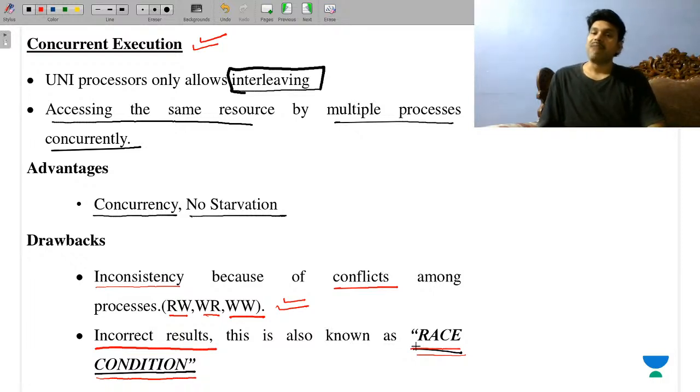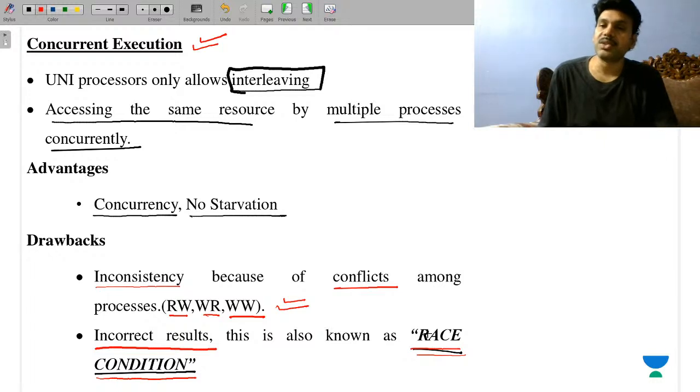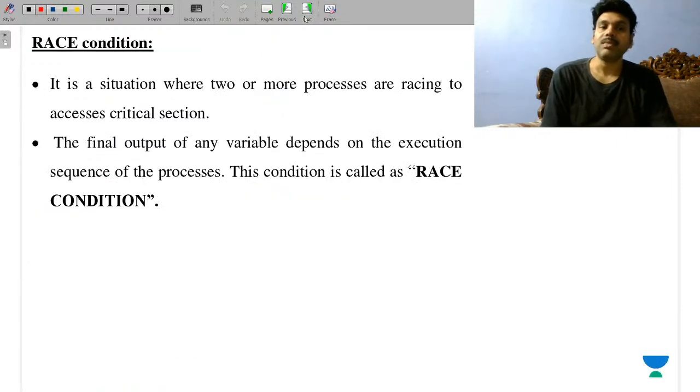So now, after understanding what serial execution and concurrent execution are, we will see that the main problem with concurrent execution is the race condition. So what is a race condition? Let us see now. When you talk about a race condition, there are multiple processes.